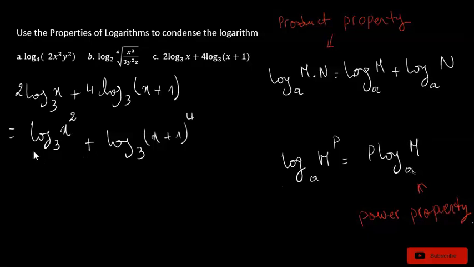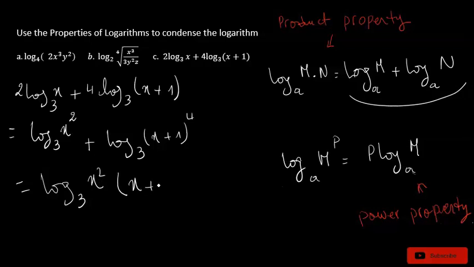I can see here these terms have the same shape, which means I'm going to use the product property to simplify this expression more. This is equal to log base 3 of x squared times x plus 1 raised to the 4th power. And this is what the product property says.